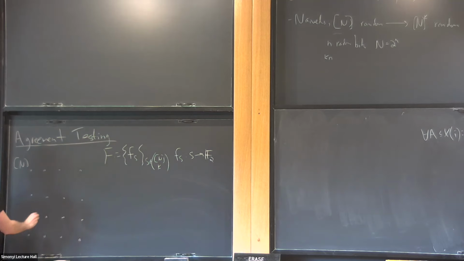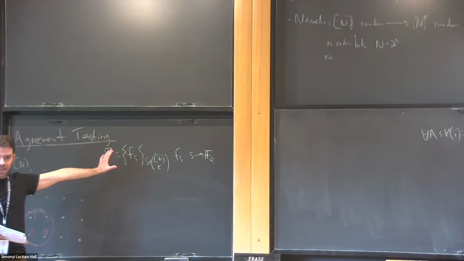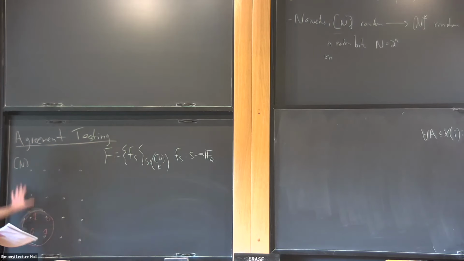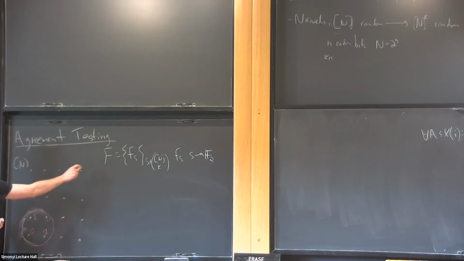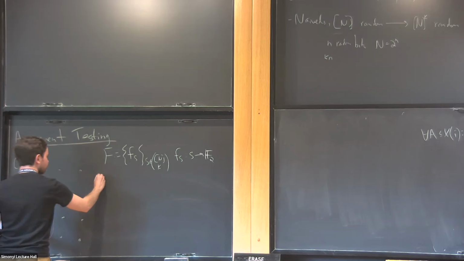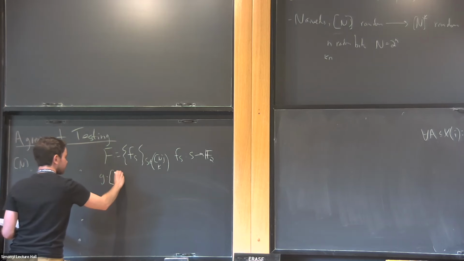Maybe I have k equals 4, and here's a local hyperedge, and I'm given a 0, 1 assignment to these local vertices: 1, 0, 0, 1. The point is, I would like to test whether this collection of local assignments is actually the restriction of some global function that's sitting on my universe. I would like to test if F_S is actually coming from some global function G.